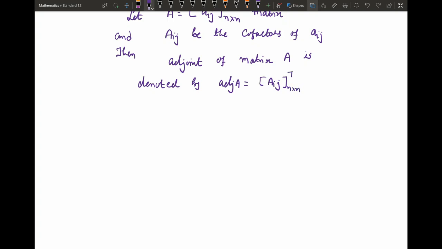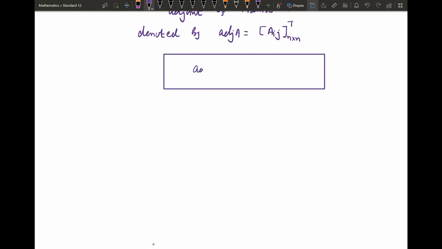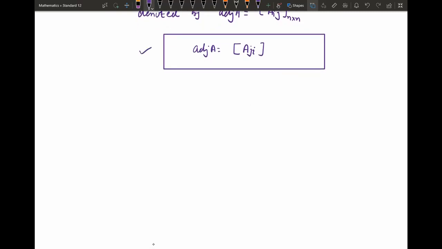At the same time you can also define adjoint A equal to [Eji]. So rows are converted into columns. This is transpose. So each row is converted into the corresponding column. So this is the definition of adjoint A.